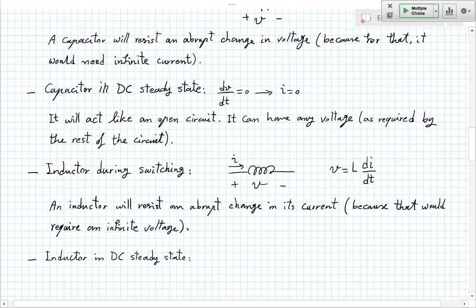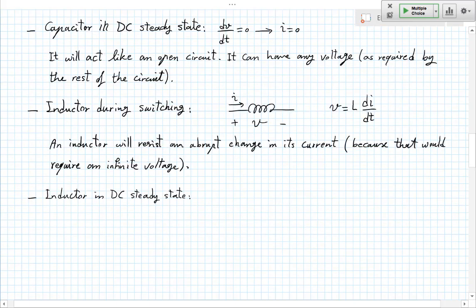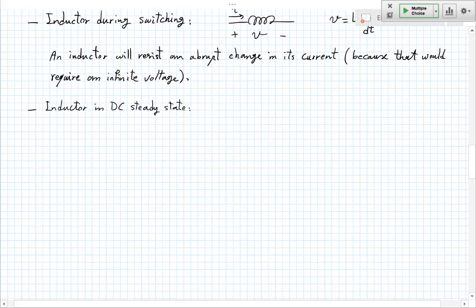And that will, for the inductor, mean that its voltage is 0. So it will act like a short circuit. There's no voltage drop across it. But it can have any current as required by the rest of the circuit.